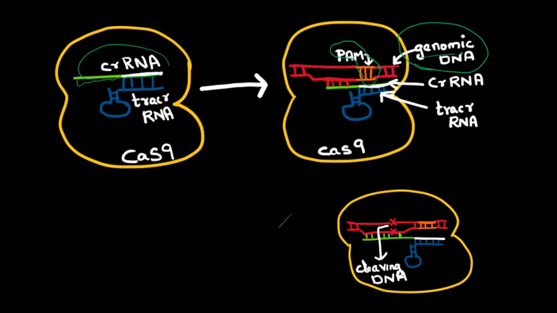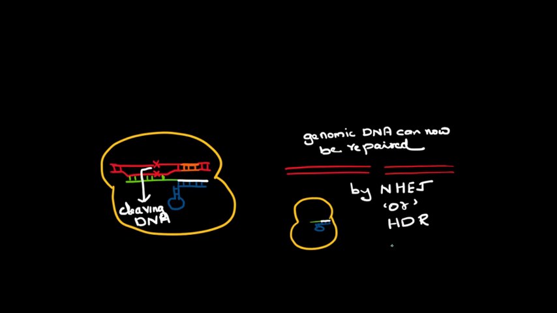So the target genome DNA has the PAM and the protospacer, and this is the CRISPR RNA tracer. Okay, and now once that occurs, there is a cleavage 3 base pairs upstream of the PAM sequence, and the DNA will cleave. Here we can see the genomic DNA has cleaved and a break has occurred here.